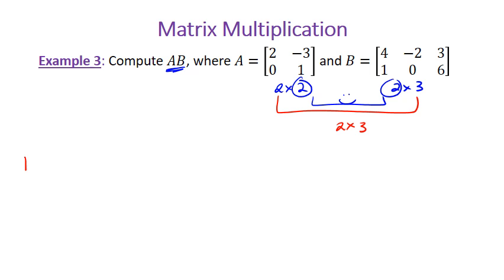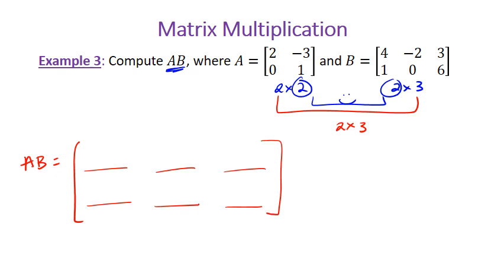So when I calculate AB, I know that my resulting matrix is going to have 2 rows and 3 columns. So sometimes it's helpful to actually write that out.